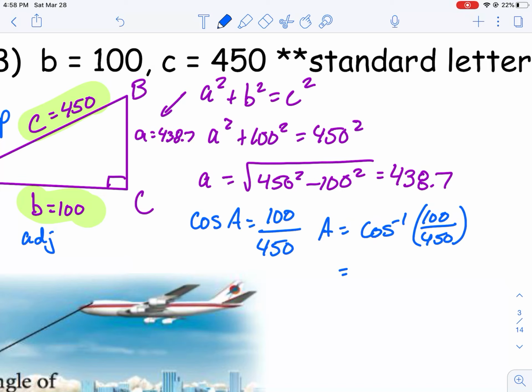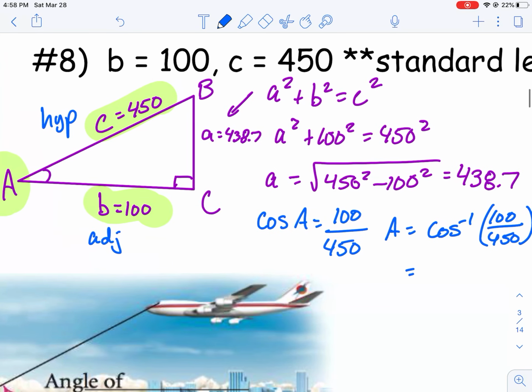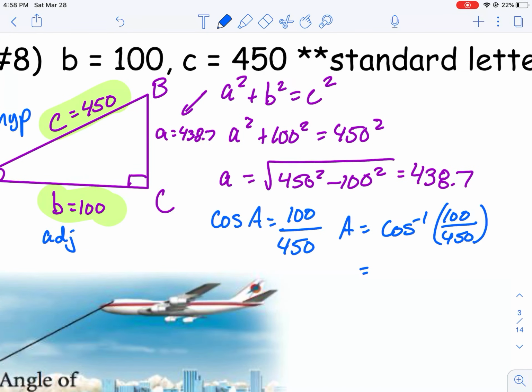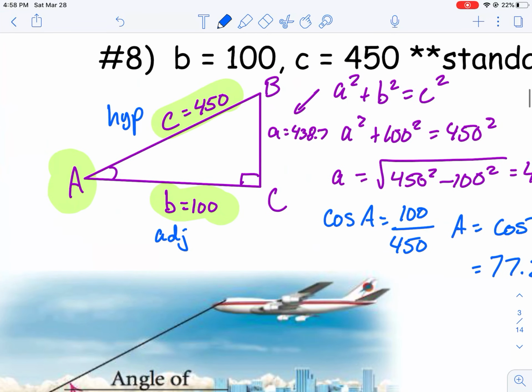And that gives me angle A. I'm going to type it in. I set my triangle up different on my paper. Of 77.2 degrees. So here angle A is 77.2. How do I find angle B?